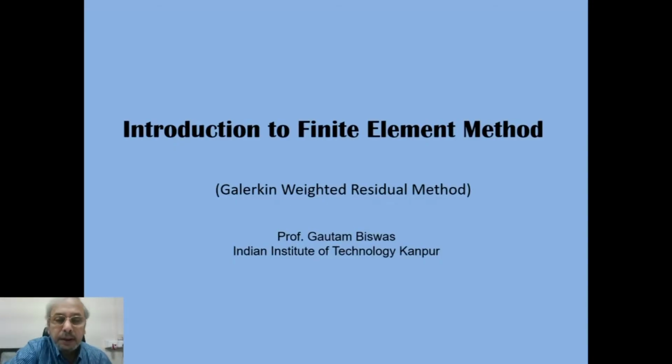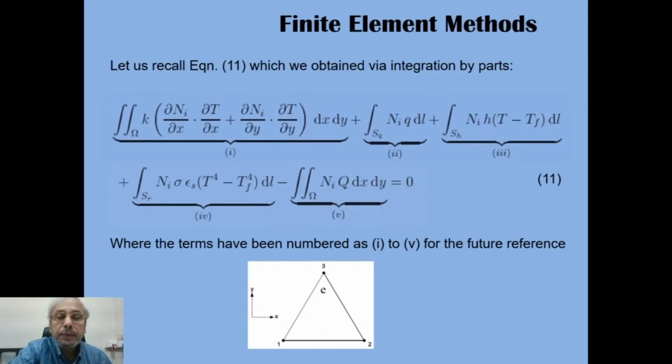Good morning, everyone. Today we will continue our lecture on finite element method. If we recapitulate what we did in the last class, basically we evaluated the residue equation through integration by parts and then applying the boundary conditions, and we got equation 11.